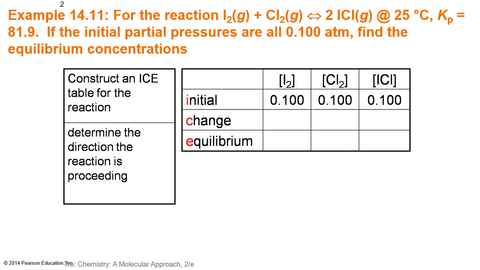An ICE table, remember, is initial, change, equilibrium, and determine the direction that the reaction is going to proceed. So we're going to find our Q value. It's going to be the partial pressure of the products, because there's a coefficient of 2, it's squared, divided by the partial pressure of the reactants.